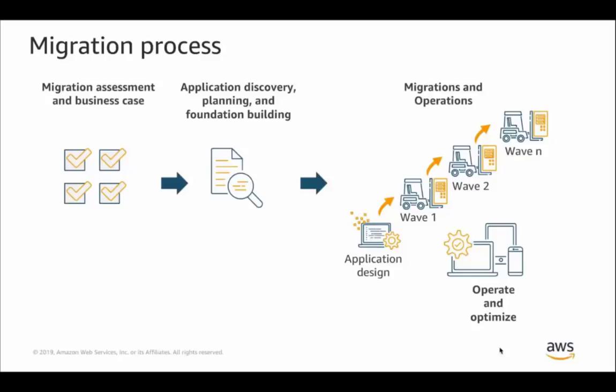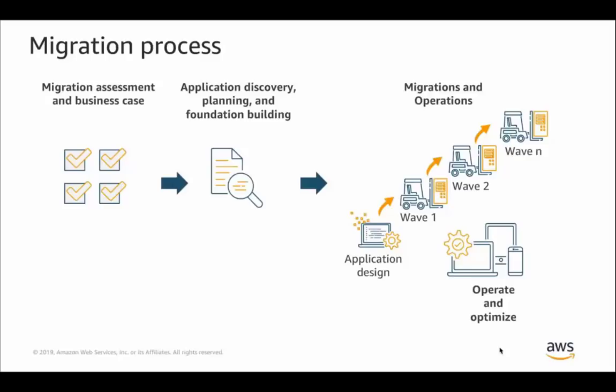The second, in the initial phase or in the assessment phase, is really looking at their people and understanding what skills transformation is required. And the third one is governance. What kind of process changes are required? What kind of optimization is required in order for our customers to move into the cloud?